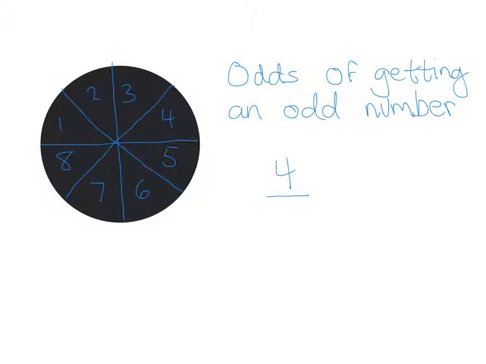I would count the number that are not odd, and that would also be 4. And 4 over 4 would be simply 1 over 1. And I could express that once again as 1 to 1, or 1 and then a colon 1. So that's another example of how you could use odds.